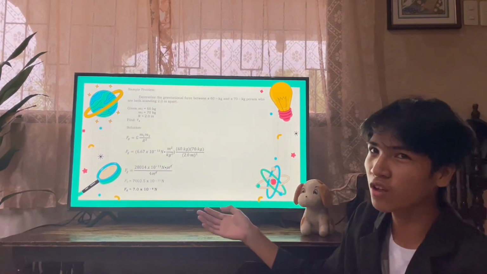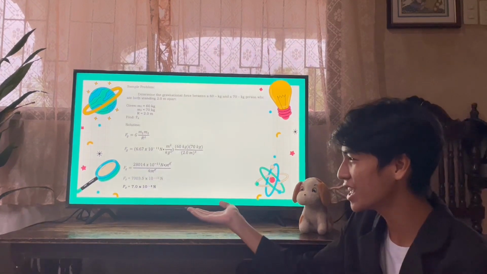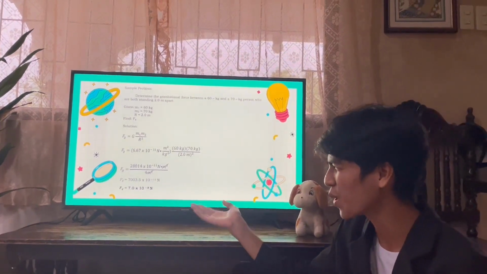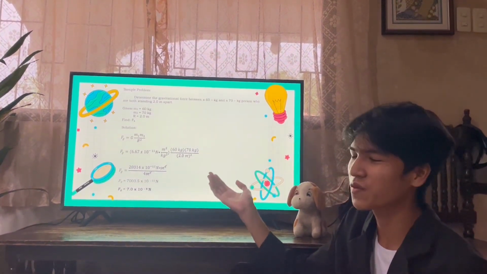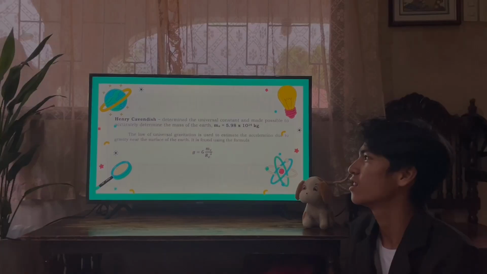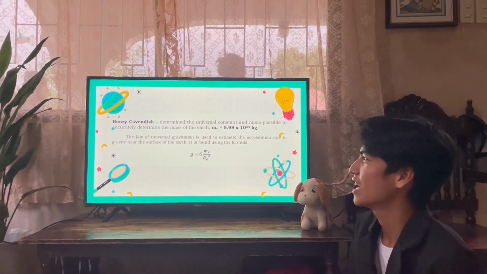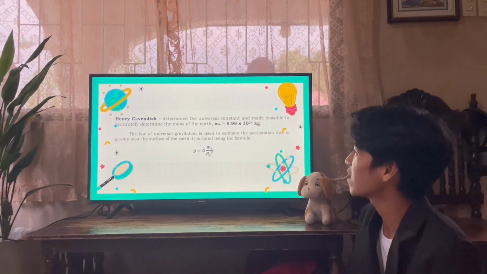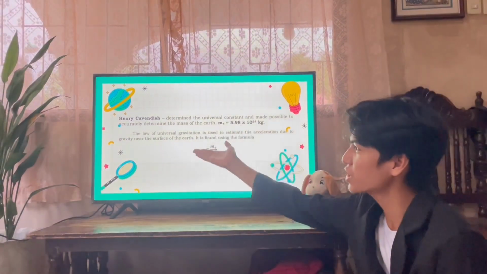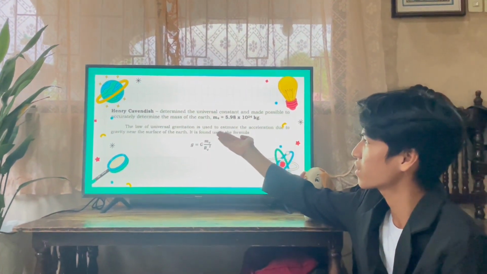So the total is F_g equal to 7.0 × 10^-8 newtons. Henry Cavendish determined the universal constant and made it possible to accurately determine the mass of the Earth.